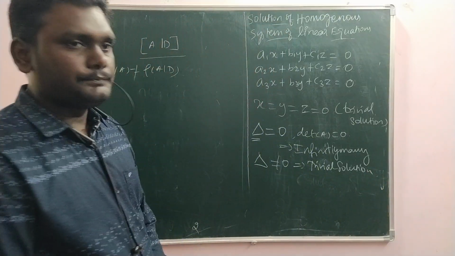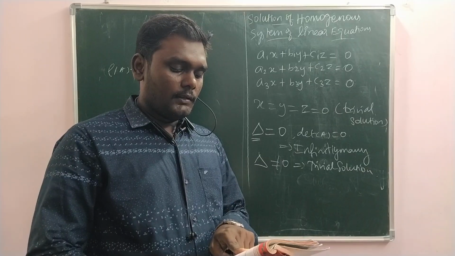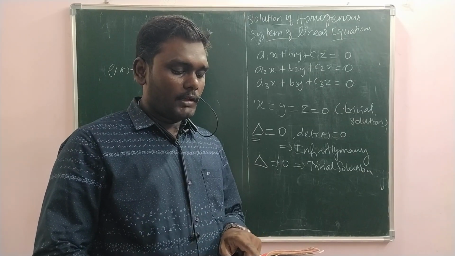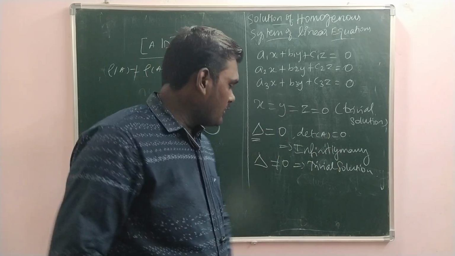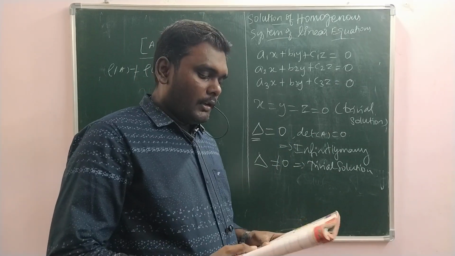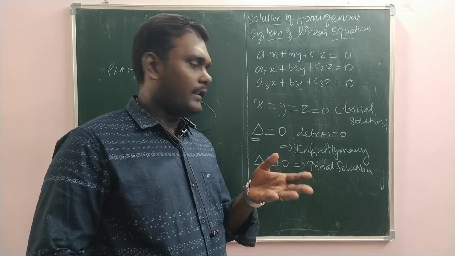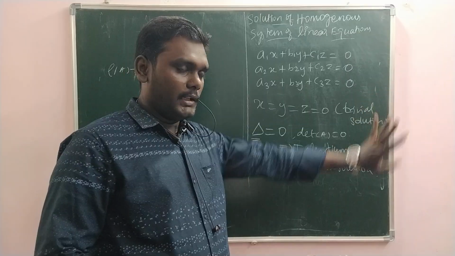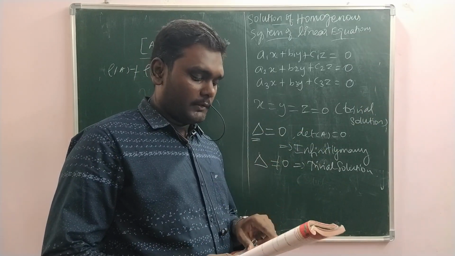Okay. So if del is equal to 0, the homogeneous system has infinitely many solutions. If del is not equal to 0, then the homogeneous system has a unique solution. That unique solution is the trivial solution. And a homogeneous system of equations always has at least one solution, as we already discussed, the trivial solution. It can be more than one also, but no solution is not possible.